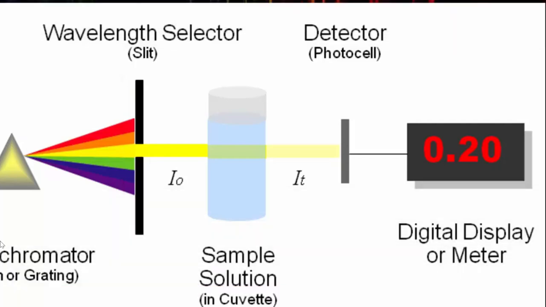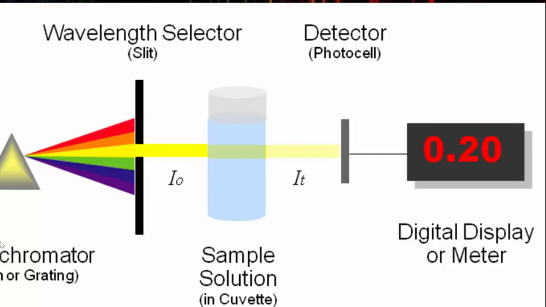That particular color of light will then shine through the sample. Some of it will be absorbed. Some of it will be transmitted. I0 is the incident light that first enters, and It is the amount of light that's transmitted through after some has been absorbed. The remaining light that gets through hits a photocell.